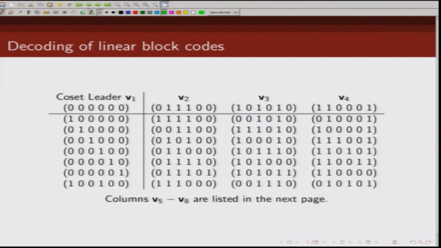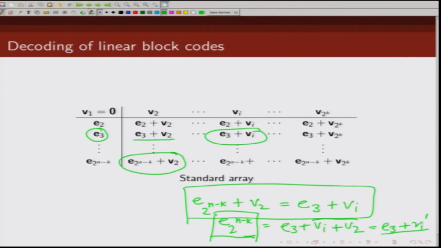Why? If you go back and see the entries of a particular row, here the coset leader was E3. If instead of E3 we would have used E3 plus V2, what would have happened? This would have been E3 plus V2, this would have been E3 plus V2 plus V2. So, this would be E3, this would be E3 plus V2 plus Vi, and V2 plus Vi would be another code word Vi hat.